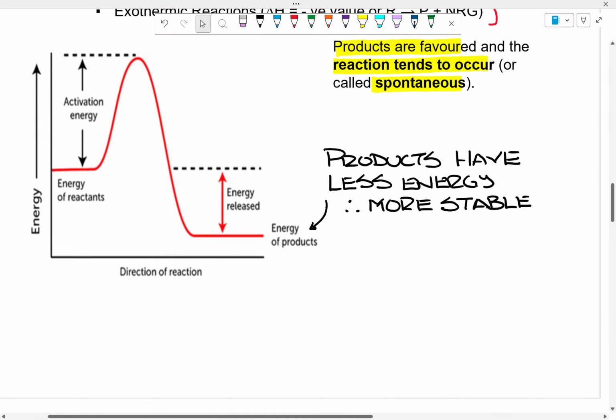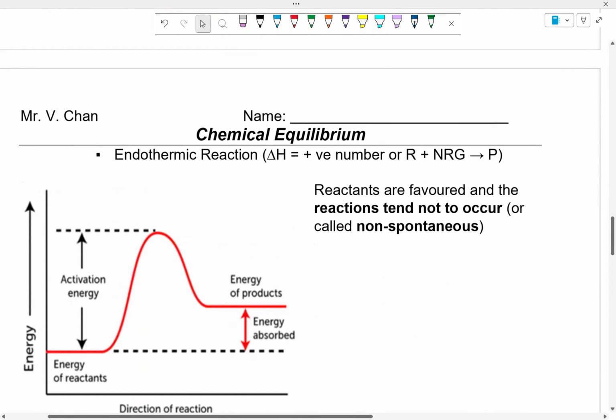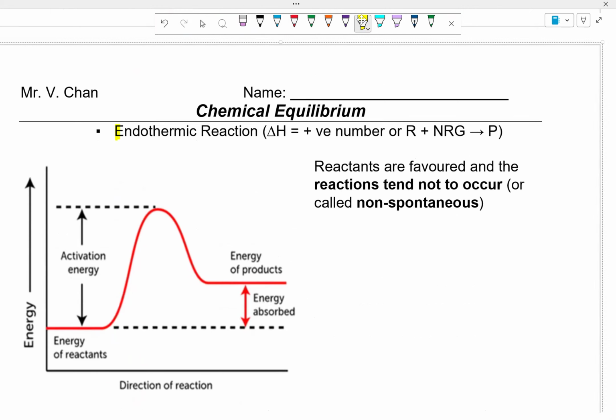Now, if we take a look at endothermic reactions, recall from chemistry 11, what are endothermic reactions? Energy is absorbed. And so delta H is positive, or the energy term is in the reactants. The reactants are favored and the reactions tend not to occur, or are called non-spontaneous. In this particular case, if we take a look at the energy of the reactants, I'm going to put a star here.